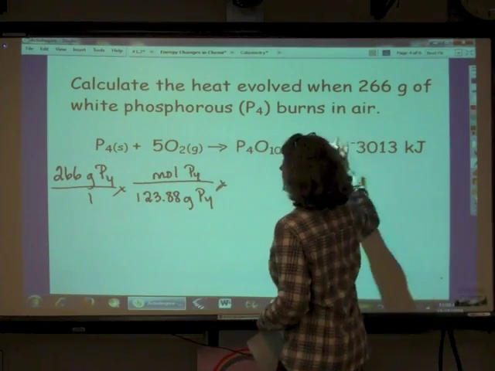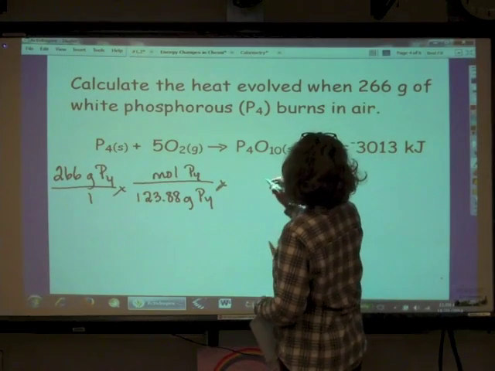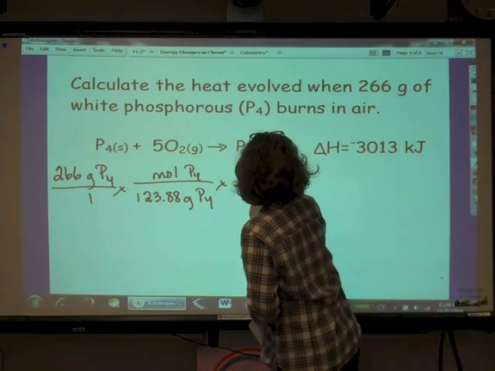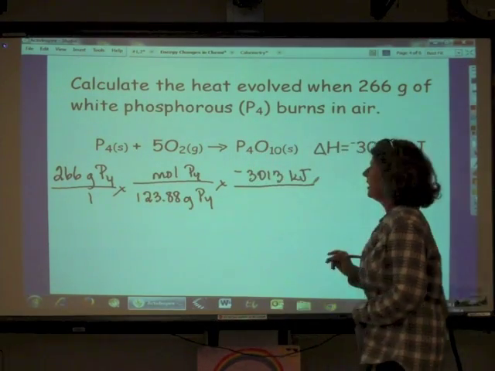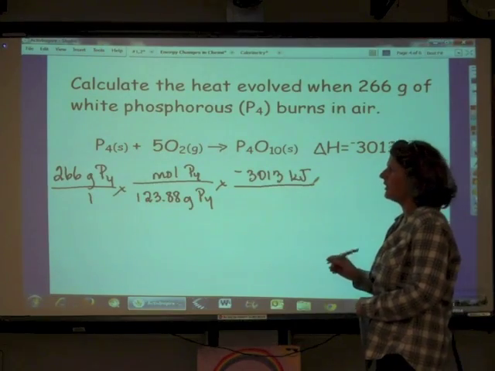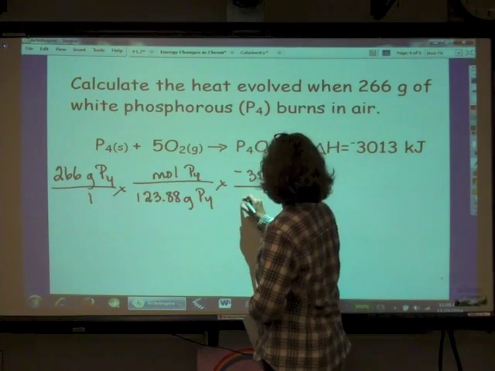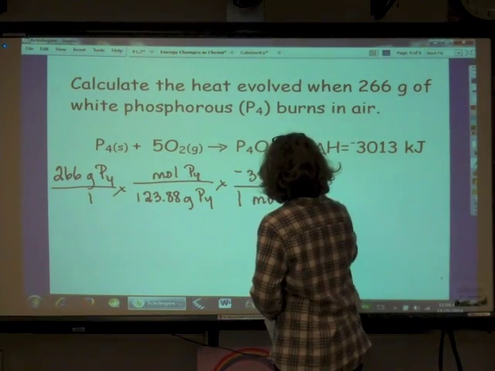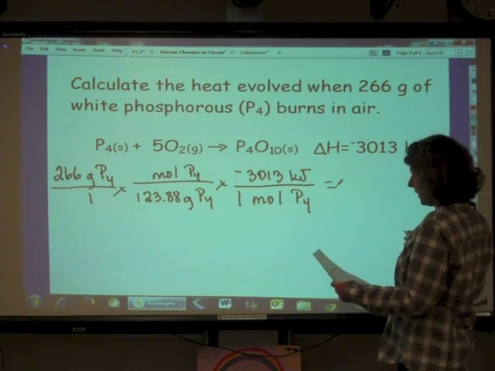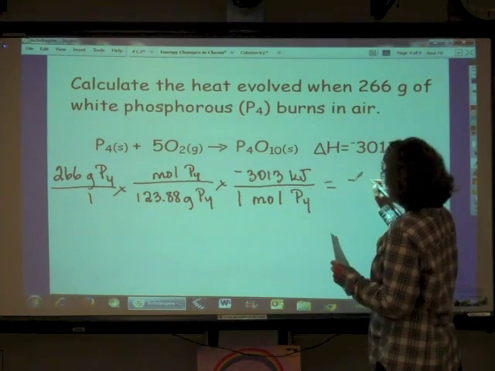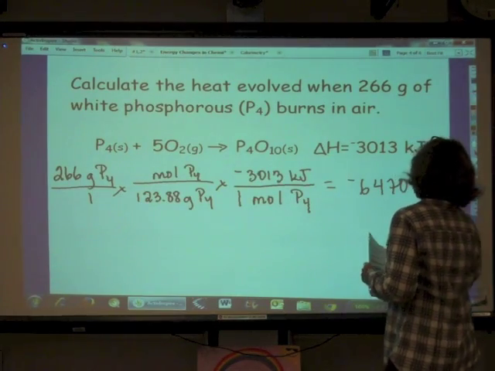And what this information tells us is that we have negative 3,013 kilojoules of energy associated with every 1 mole of P4 that is consumed. And so if we do this calculation, what we get is negative 6,470 kilojoules.